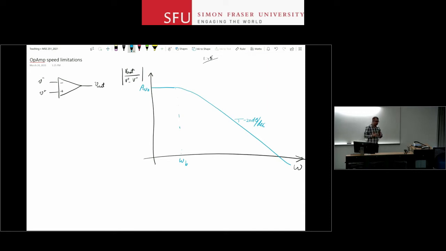So this behavior is similar to what you had for an RC circuit. A low-pass RC circuit would behave the same. Well, obviously, that is a passive circuit, so the gain magnitude is less than 1 in all situations. But a low-pass system is a single pole system, right?